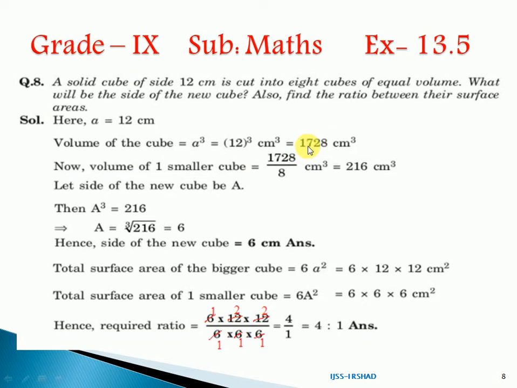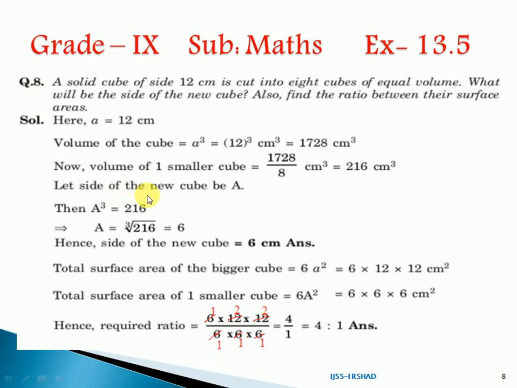This is the volume of the big cube whose side was 12 centimeter. Now this has been divided into 8 equal cubes, so I will find the volume of one smaller cube. The volume of one smaller cube is equal to the volume of the big cube divided by 8. When you divide this by 8, you will get 216 centimeter cube. So this is the volume of one smaller cube.